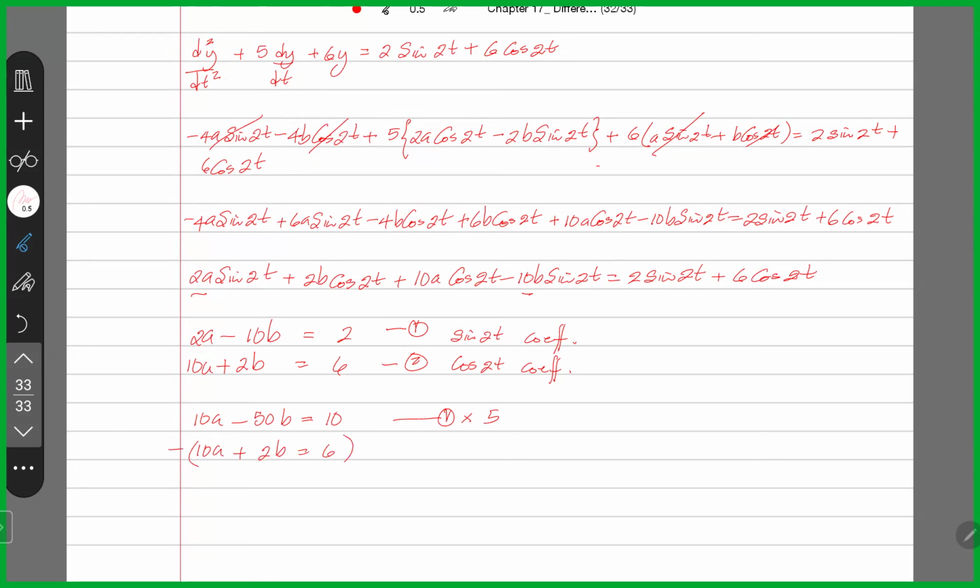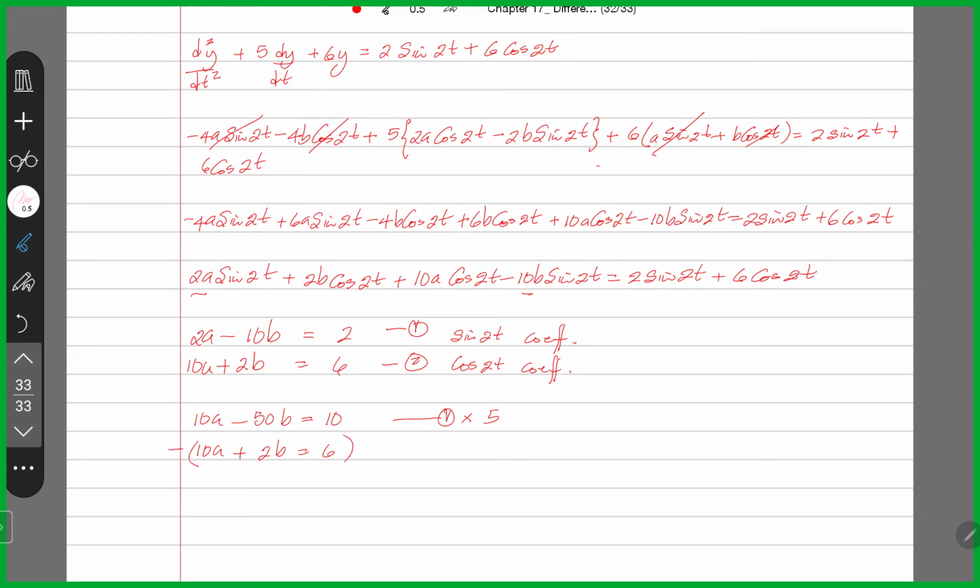Subtract, and we get, back up, and if we subtract, we're going to get minus 52b is equal to 4. And so b is equal to minus 4 over 52, which is minus 1 over 13.